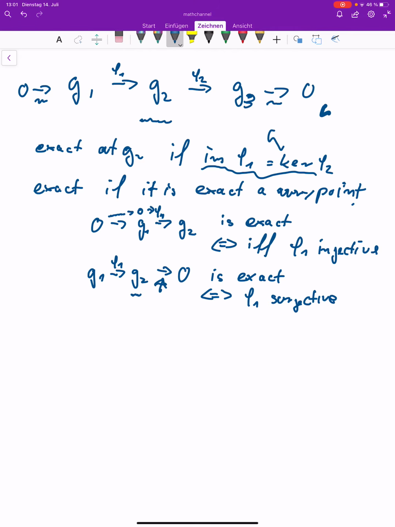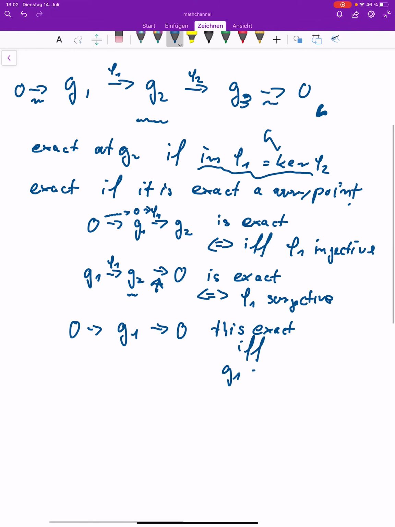So let's look at a dumb example. So what about this? 0 to G1 to G2. Well, this is exact if and only if G1 is equal to 0.